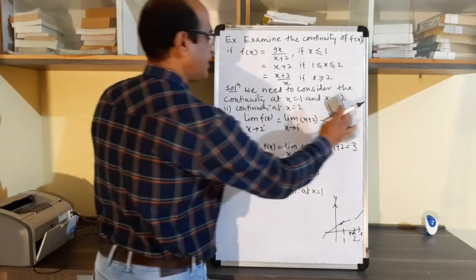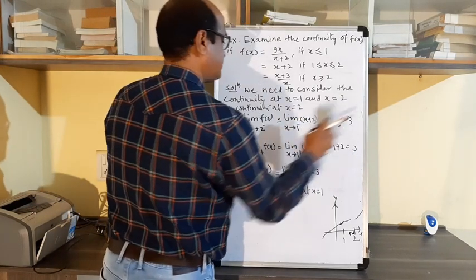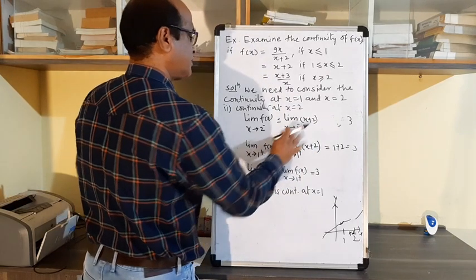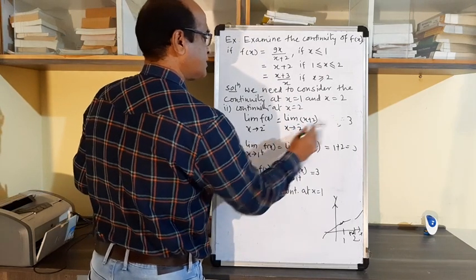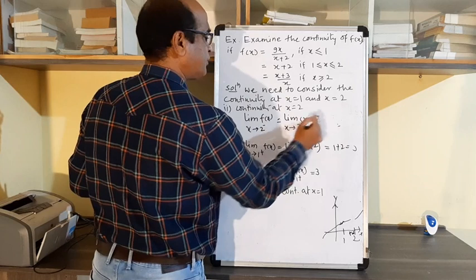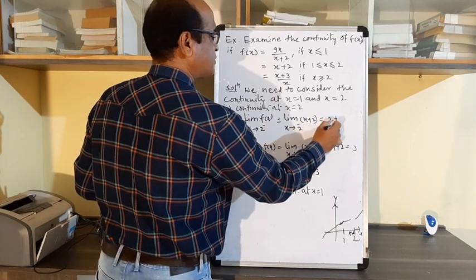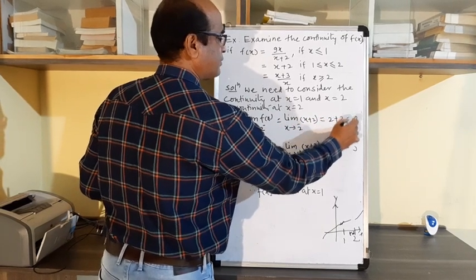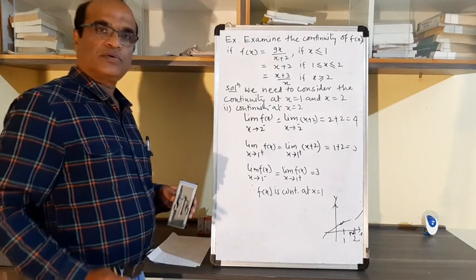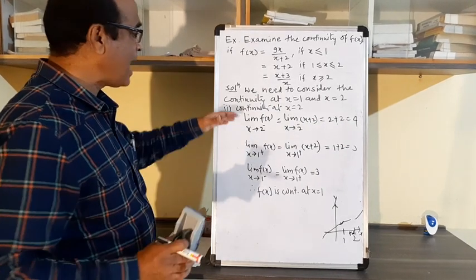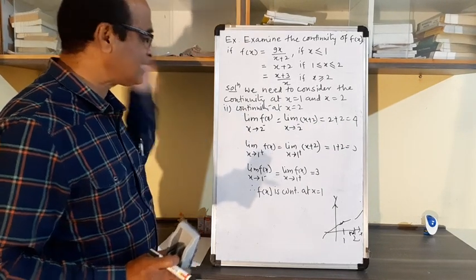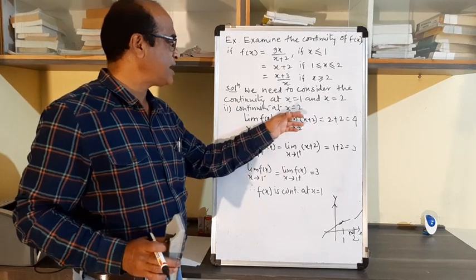Put x is equal to 2, so 2 plus 2 is equal to 4. So the left hand limit of the function at x is equal to 2 is 4.